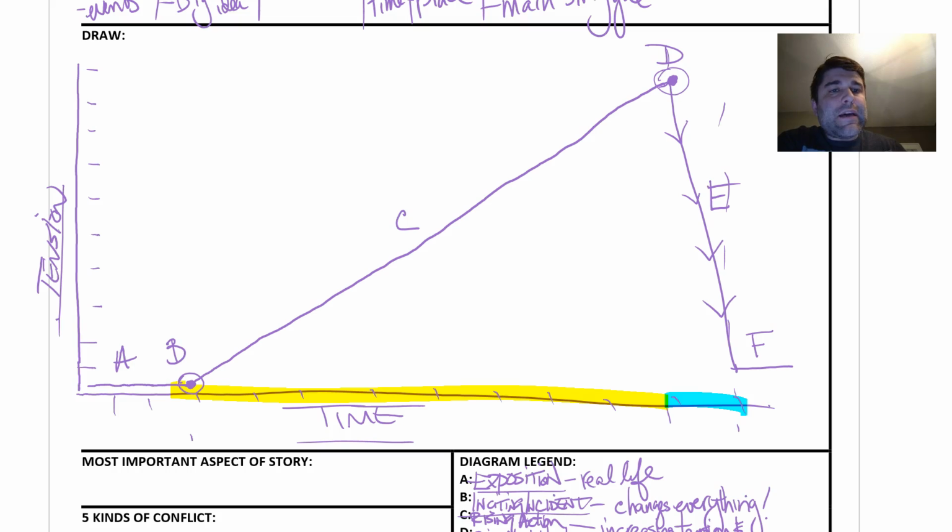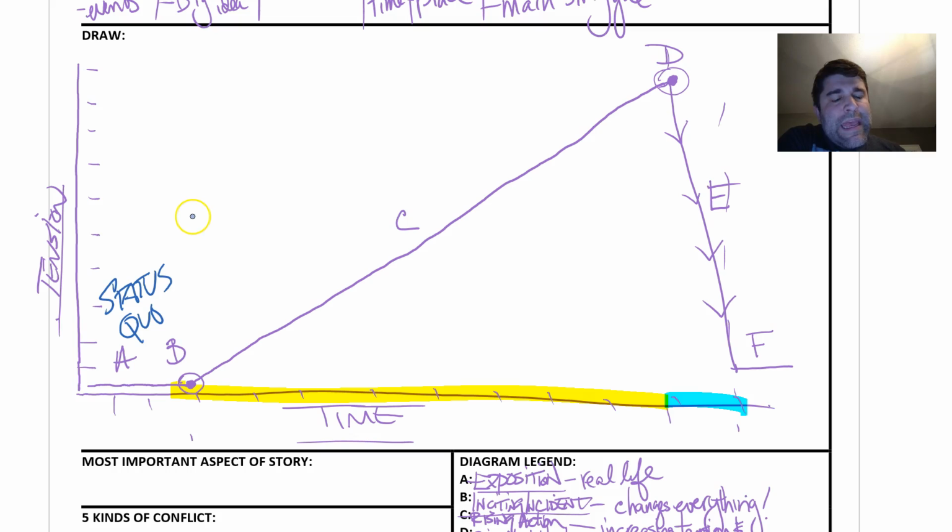We call this status quo. I'll write that down here. The exposition indicates status quo. Status quo is just a fancy Latin word for the way that things are, or normal. That's another way to put it.